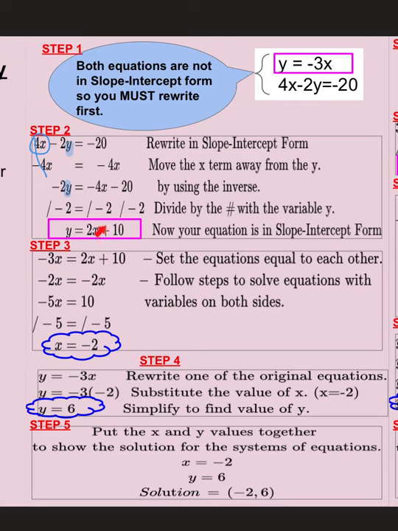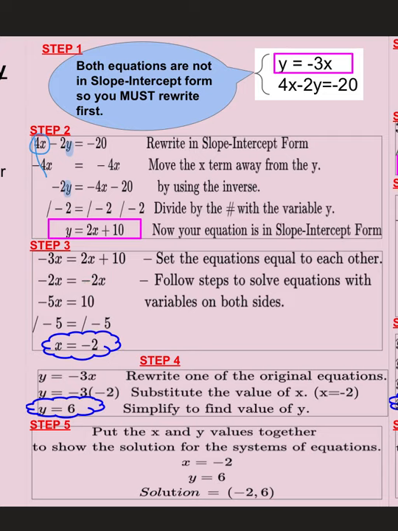I have this equation and this equation now in slope-intercept form, which means I can now set the equations equal to each other. So negative 3x equals 2x plus 10. I'm going to follow my steps for solving equations with variables on both sides by moving the x term of 2x to the left by subtracting 2x on each side.